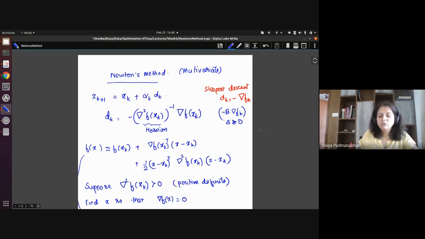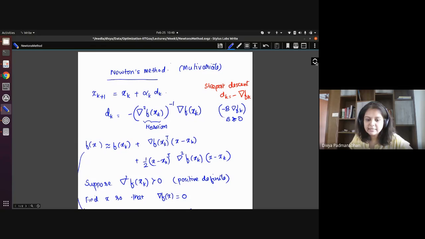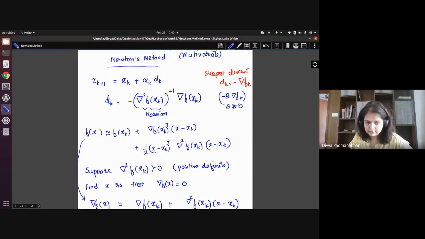You consider this a tight approximation, and then you find an x such that the gradient is 0. Suppose the Hessian is a positive definite matrix; I think this is positive definite itself, not positive semi-definite.